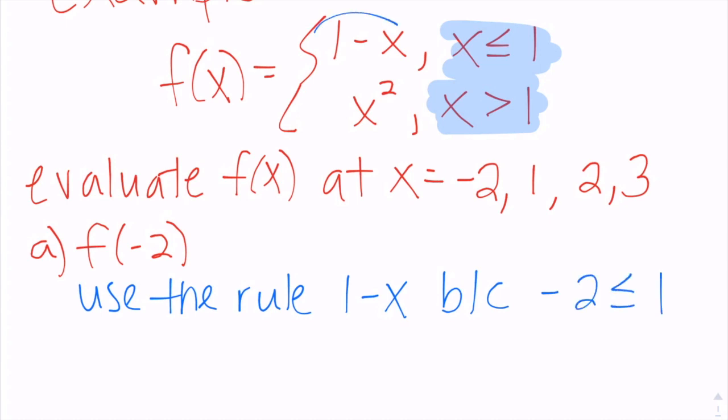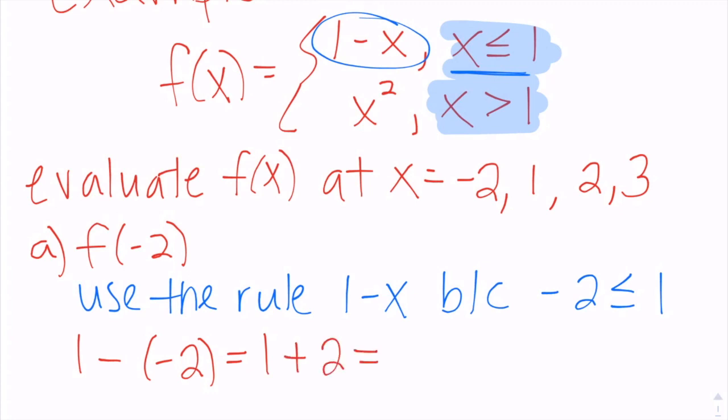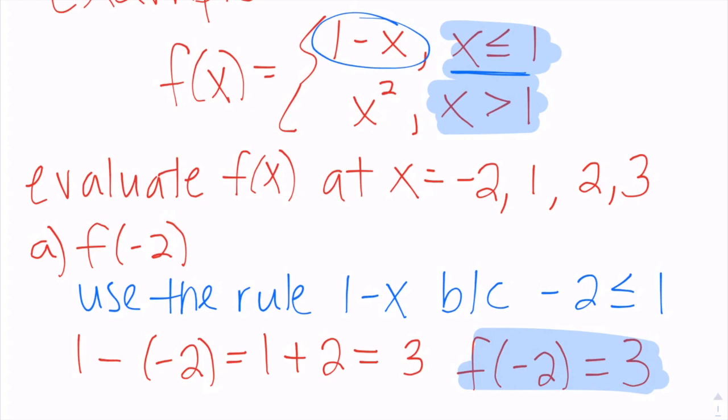We're using this rule because it follows this domain next to it. So we say 1 minus -2, which is the same as 1 plus 2, and that gives us 3. So f of -2 equals 3, and that's our answer for that.